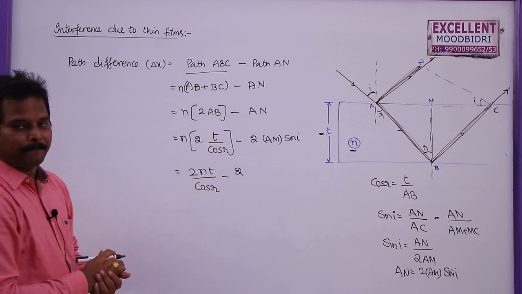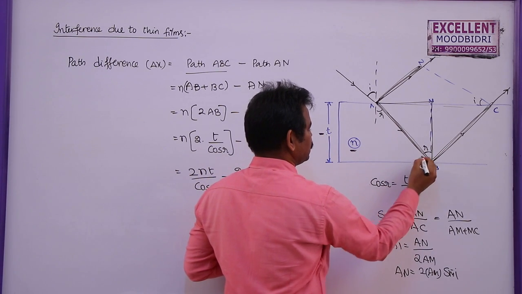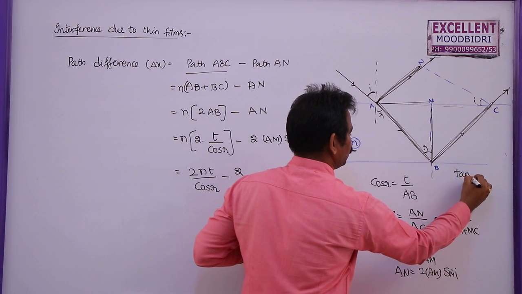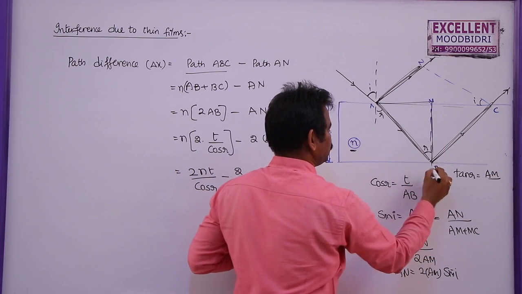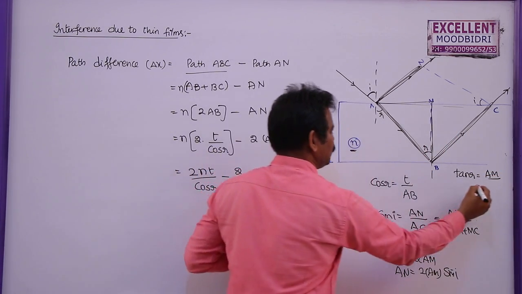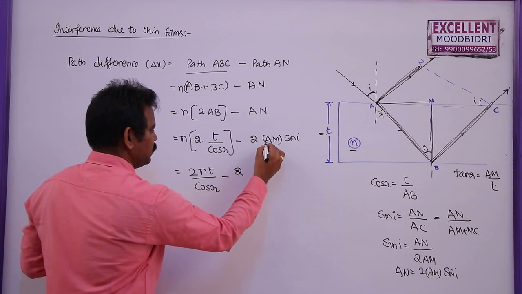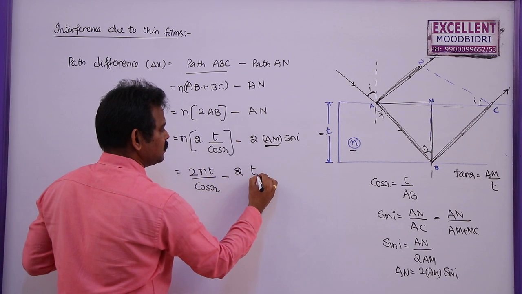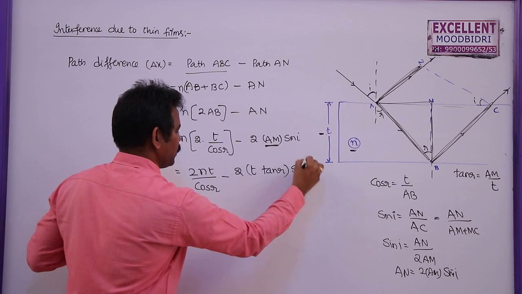What is AM? Once again we have this AM here, so we can write tan R is equal to opposite side AM by BM, which is equal to T here. So AM can be written as T tan R. AM can be written as thickness T into tan R, here into sin I.